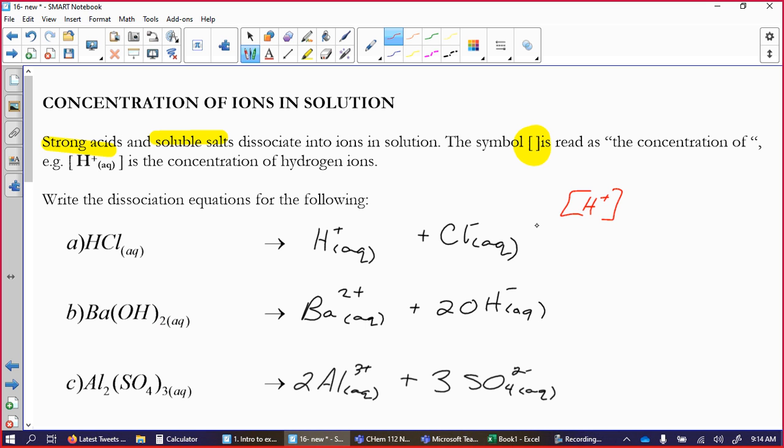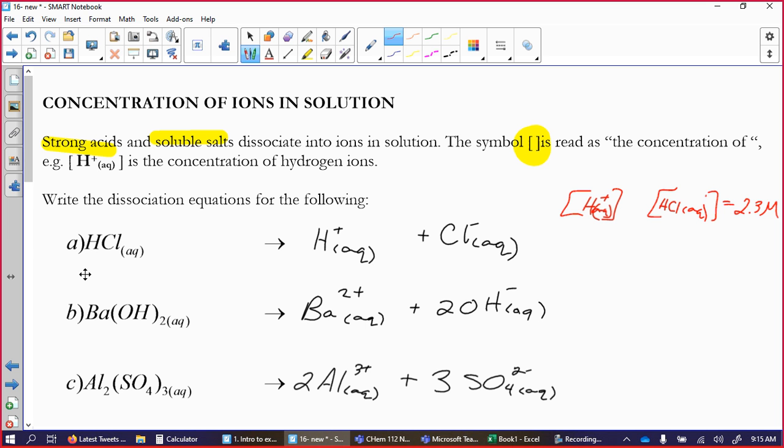If I want the concentration of the whole thing, you'll see equals 2.3 molar or something like that. It's just one of these little shorthand things. And I get lazy. Technically, we need those in there.